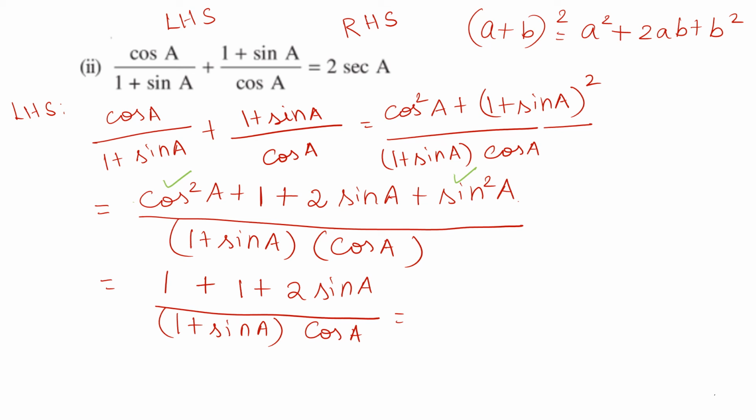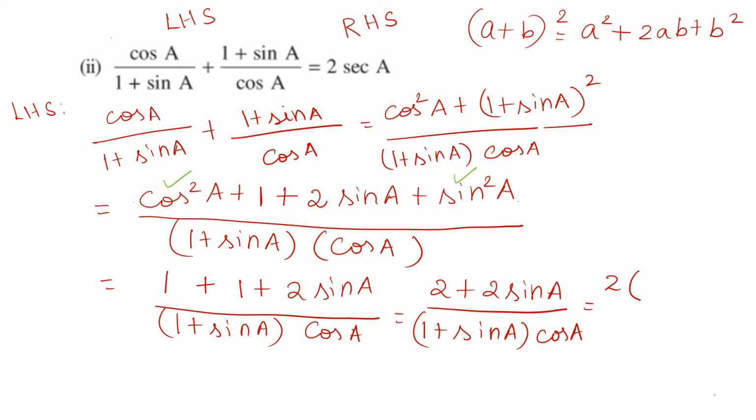1 plus 1 is 2, right? So 2 plus 2 sin A by (1 plus sin A) into cos A. And you have to take 2 out. When you take 2 out, what you will get?